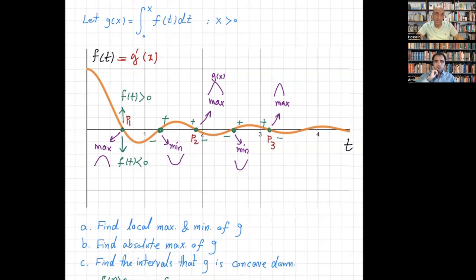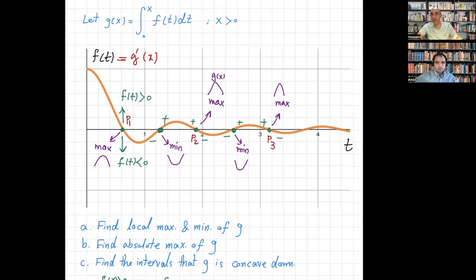We are just looking at the maximum points, not the minimum points. The same rule applies if the question was asking about the absolute minimum of g.